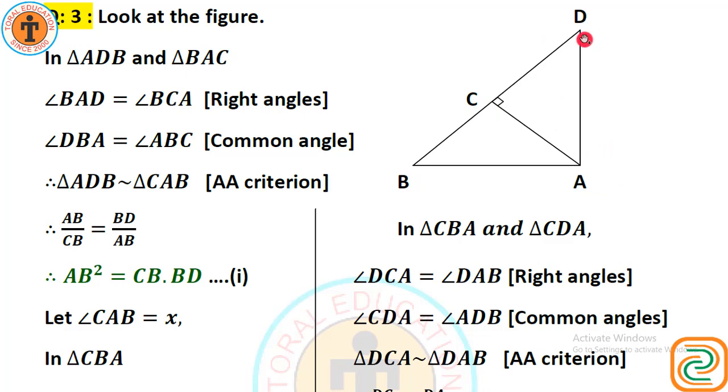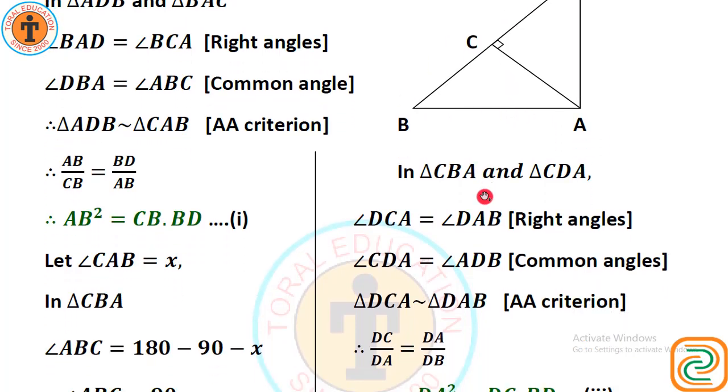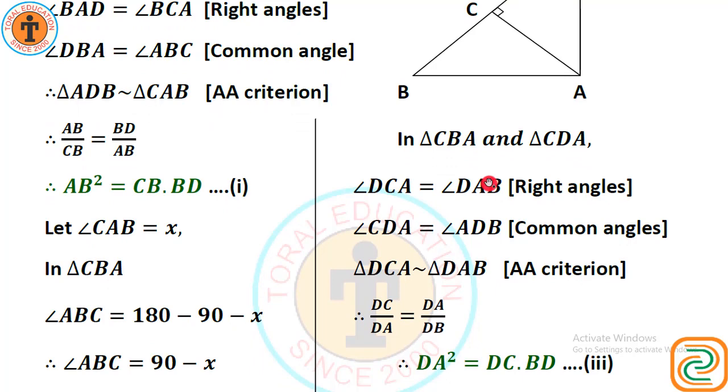D is not in both, but we will have to take triangle ABD. Look, DAB, DCA and DAB.